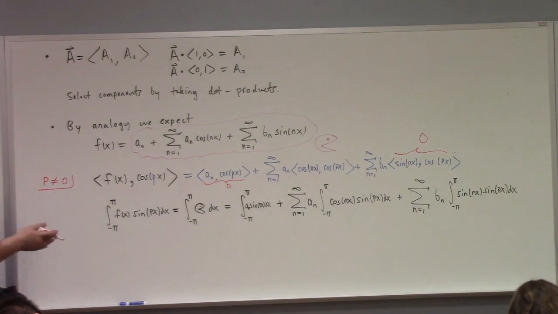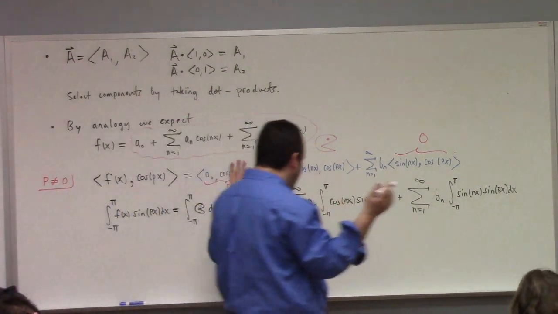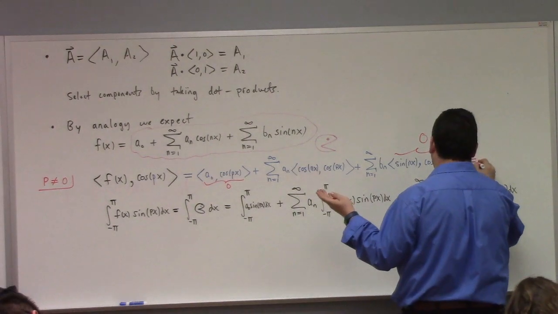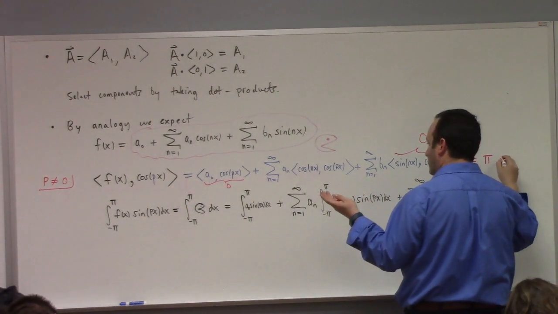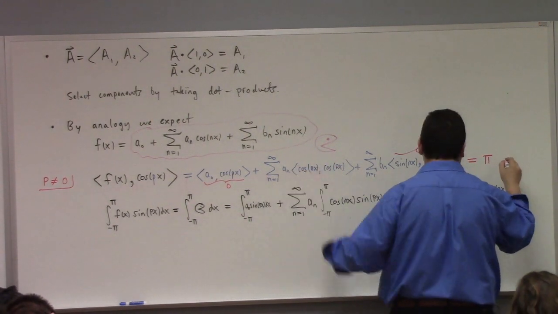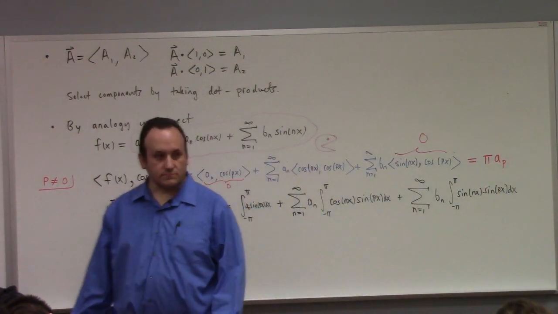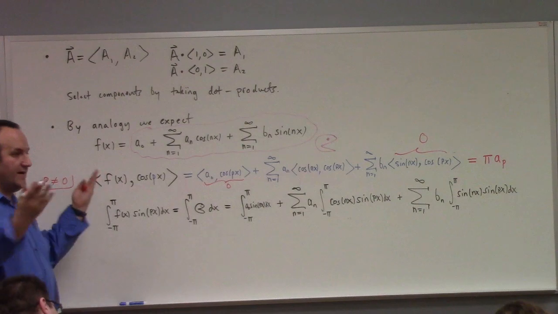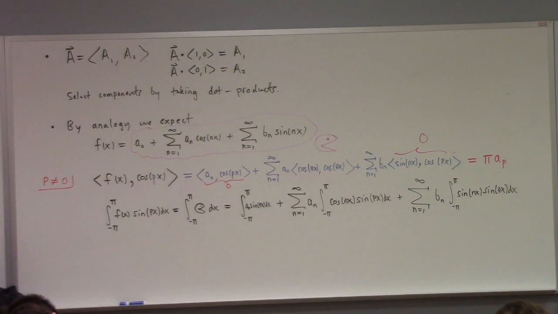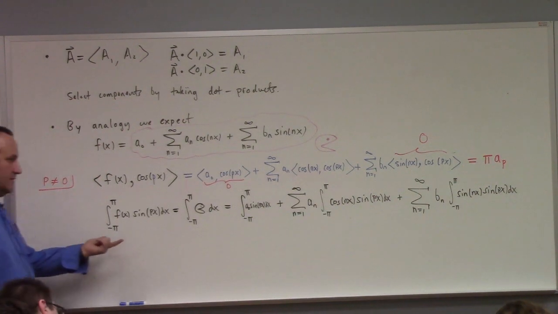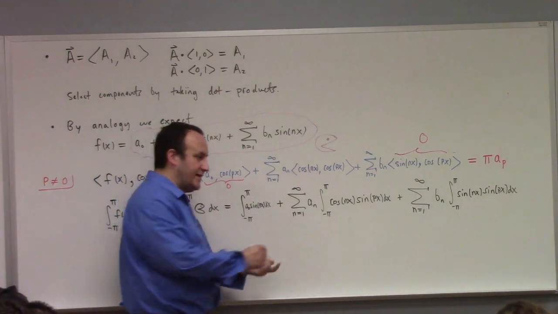So what survives of all this is just pi a sub p. That's all that survives. And down here, the integral of sine over a full cycle is 0.